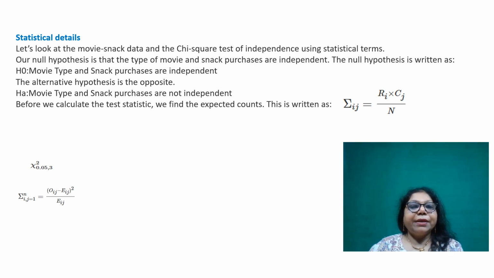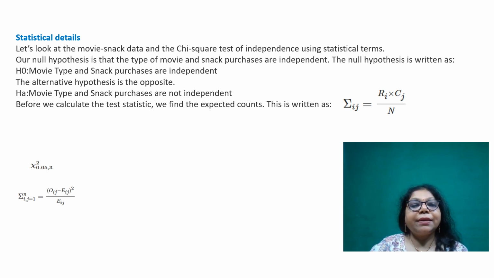The formula is for an I by J contingency table, that is, a table with I rows and J columns. For example, E_11 is the expected count for the cell in the first row and the first column. The formula shows R_i as the row total of the ith row and C_j as the column total of the jth column. The overall sample size is N.